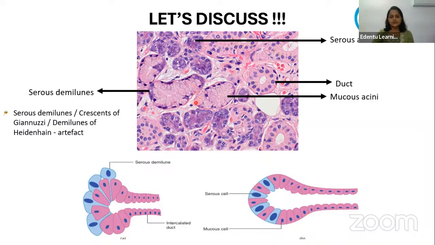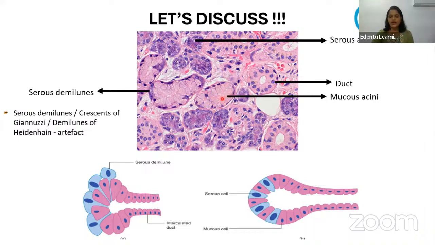As you can see, these are the serous acini, darkly stained in blue color, and these lightly stained acini are the mucous acini with the nucleus pushed towards the basement membrane, and the nucleus is usually flattened also.